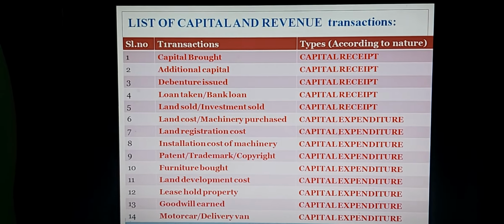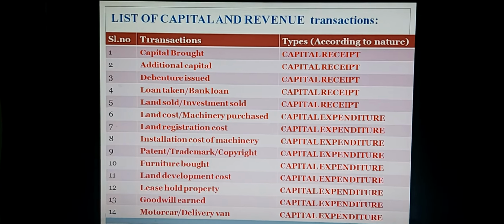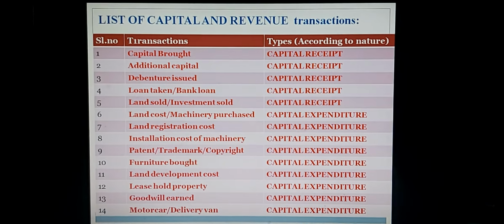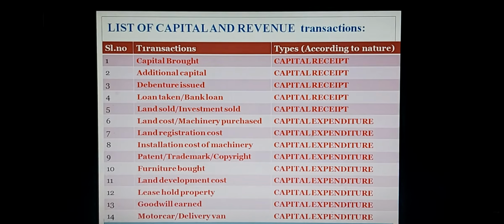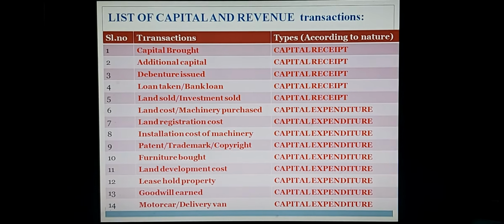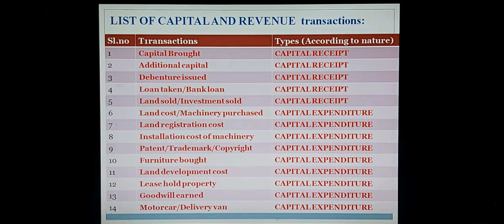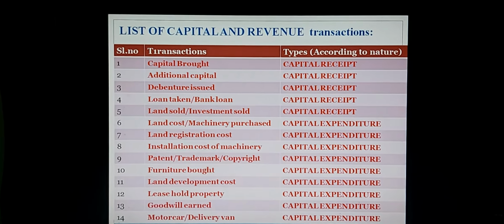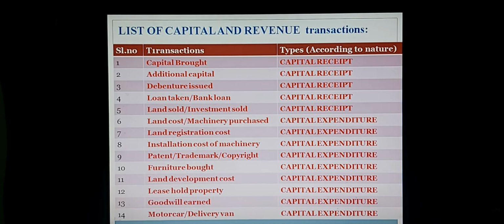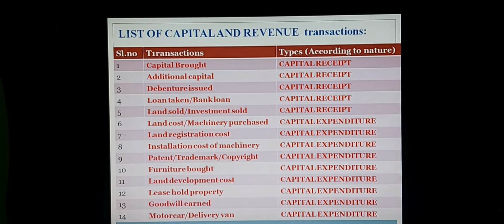For your betterment, for learning, for practicing, I have given a lot of examples related to the capital and revenue transactions. Okay, in the table, serial 1 to 42, transactions 1 to 42, answer these types according to nature.